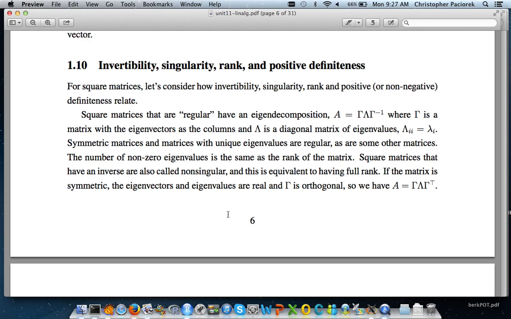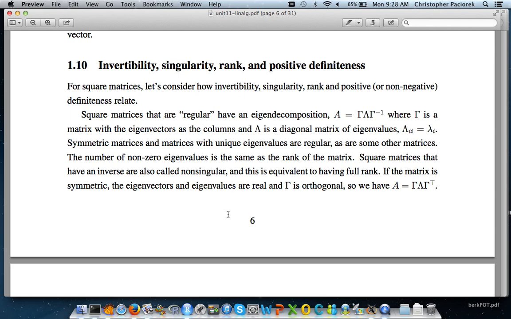Okay, so we're going to focus on symmetric matrices, and in that context, we're going to have a bunch of equivalences that we can write out. So if we have A being a positive definite matrix, then that's equivalent to saying that A is just a covariance matrix, and we'll talk about that in a minute. And that's equivalent to, for any vector x, x transpose A x is bigger than 0.